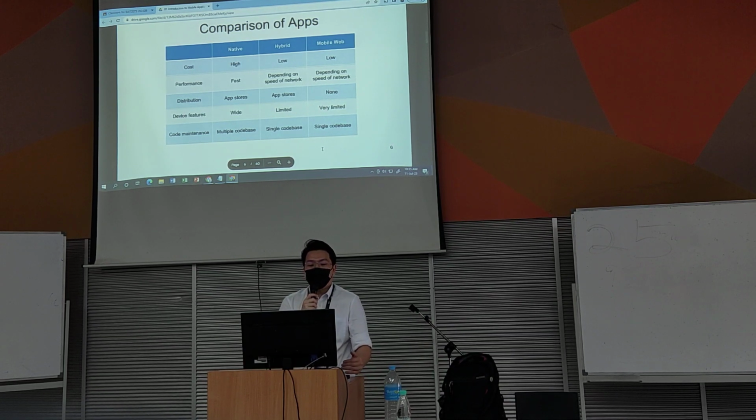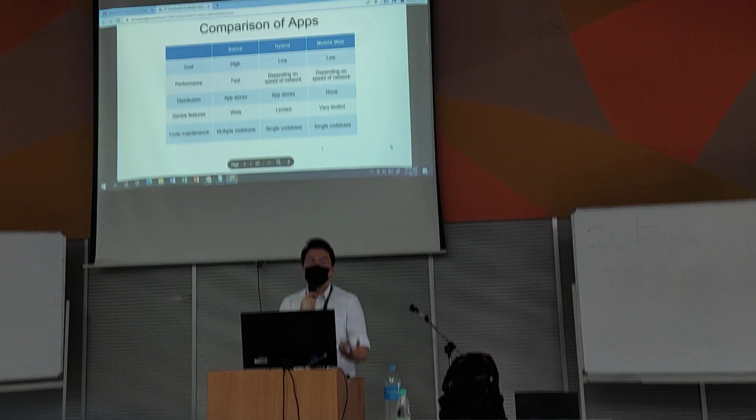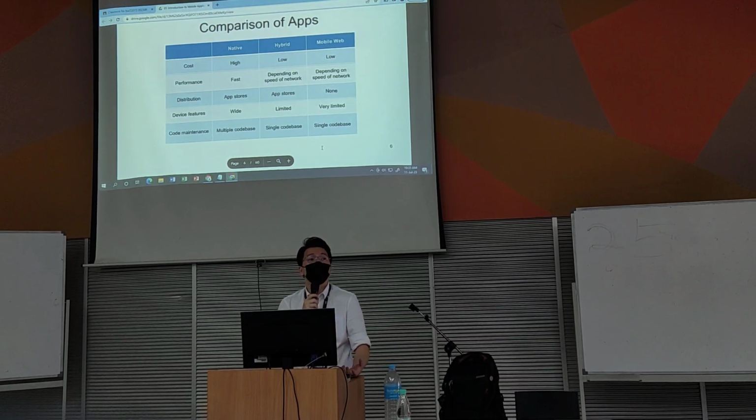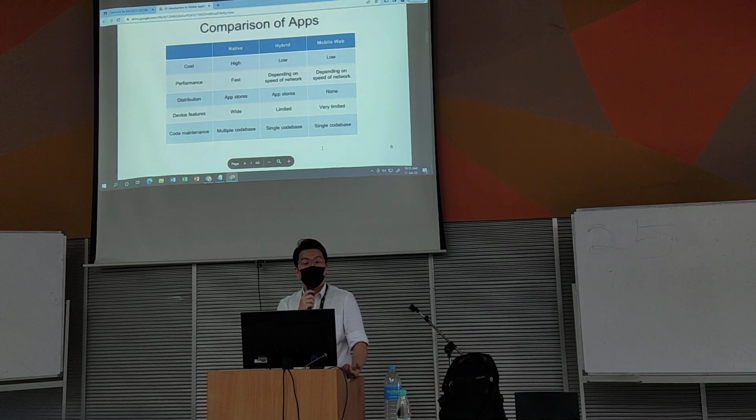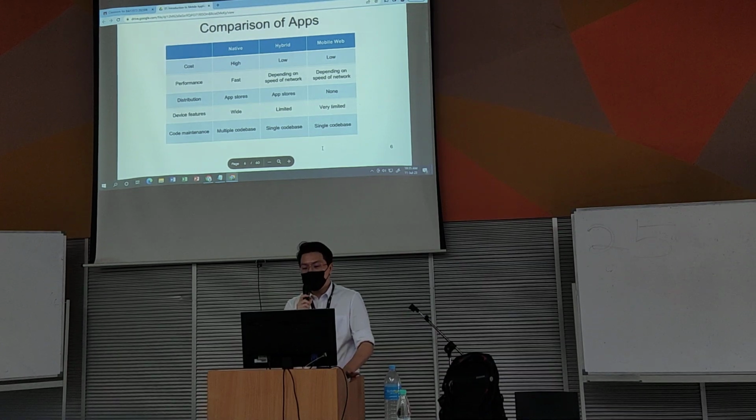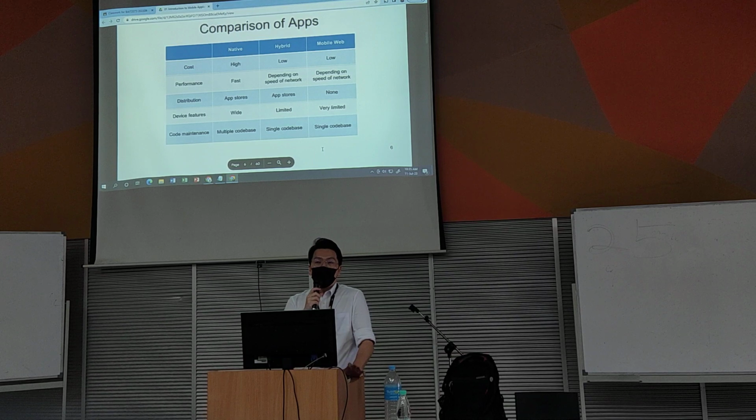Now the fourth one, device features. What does device features mean here? It means how much of the capabilities of the phone you can access from your mobile app. Of course, in native itself, we can access a wide range of the hardware included in your mobile phone. Hybrid, we still can access, but very limited.